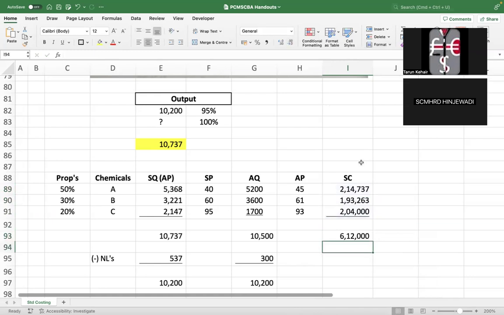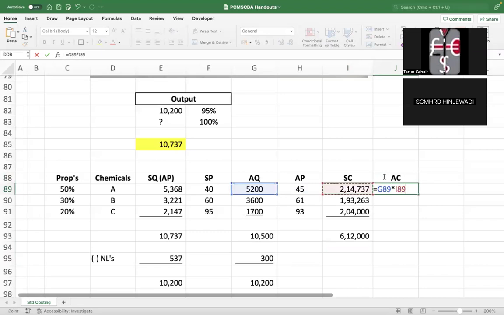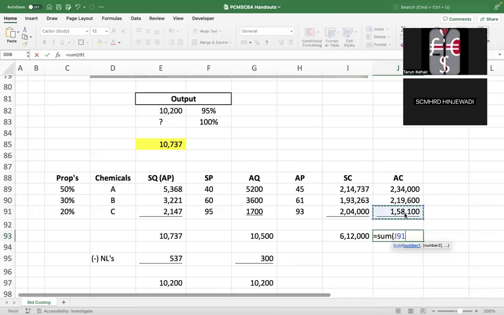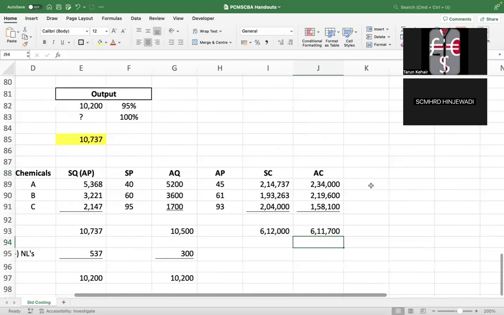This is your standard cost, 6,12,000, right? What will be the actual cost? That will be actual quantity into actual price, which is 6,11,700.